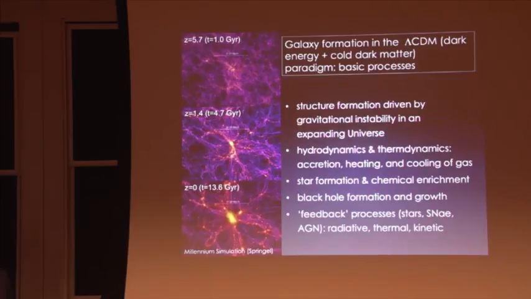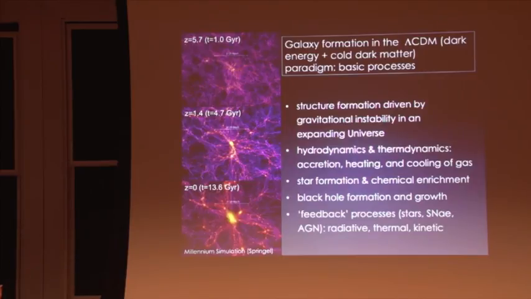Perhaps the most obvious way to do this is within the standard paradigm of cold dark matter hierarchical structure formation. The structure formation of the dark matter, as you all know, is driven by gravitational instability in an expanding universe. And then this is a laundry list of probably a minimal set of physics that we think we need to include in a model of galaxy formation in a cosmological context. Some of these are obvious. You need to understand how gas is shock heating and cooling and accreting onto galaxies.